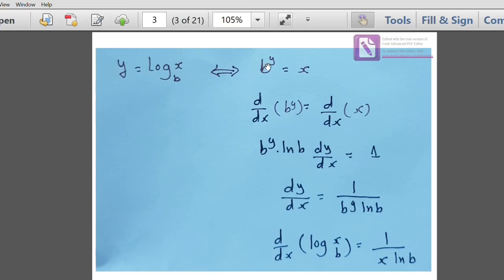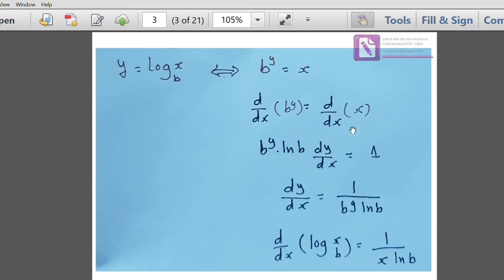Now we differentiate both sides with respect to x. So d of b^y over dx equals d over dx of x. For the derivative of b^y, we use the formula from section 3.8: b^y multiplied by ln b multiplied by dy over dx.